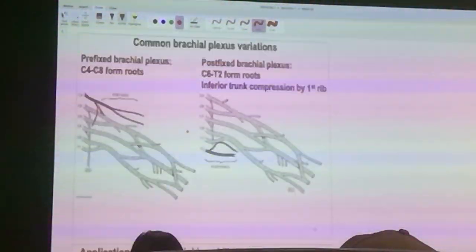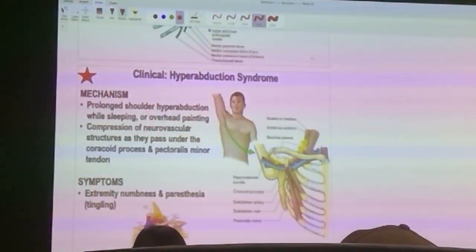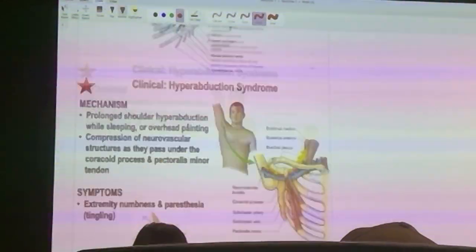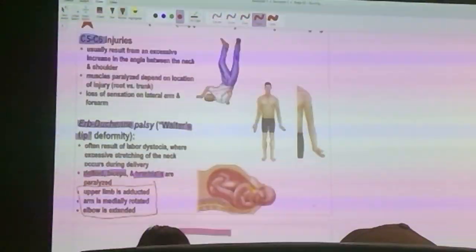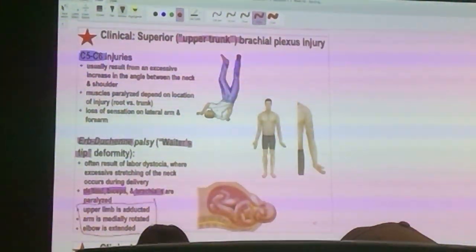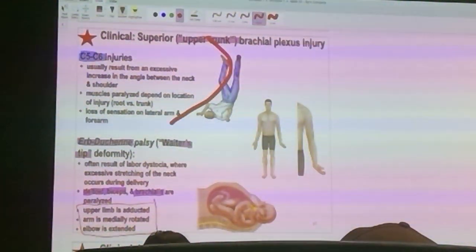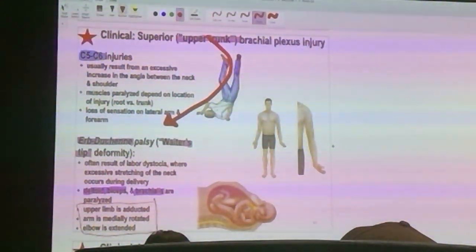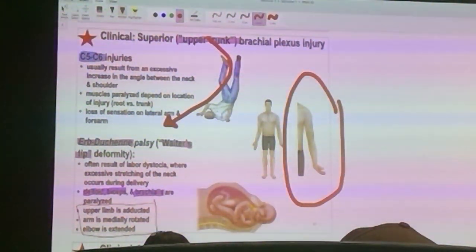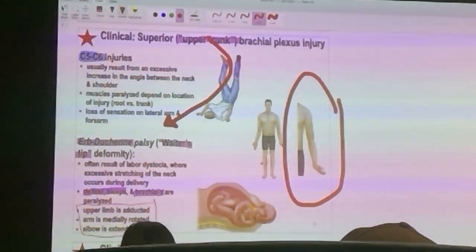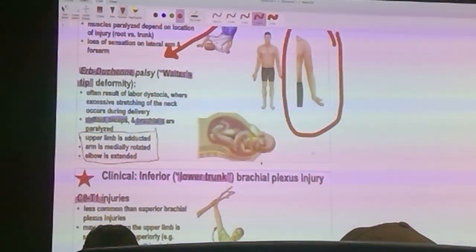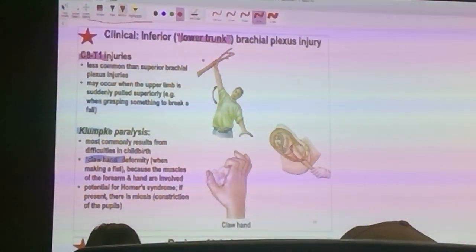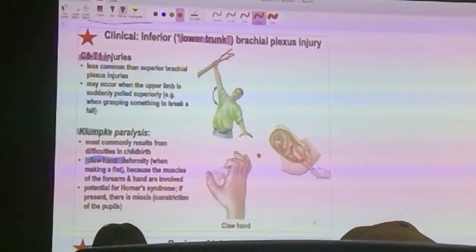Upper trunk is Erb's or Duchenne's, and just be able to recognize the waiter's tip. And then the lower trunk is Klumpke's, and just know its claw hand.